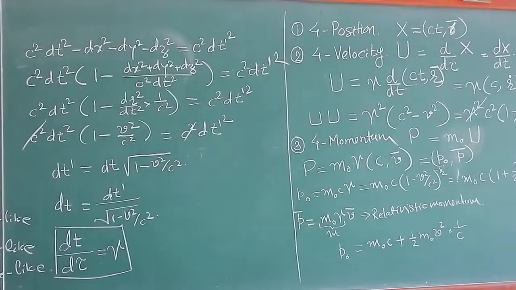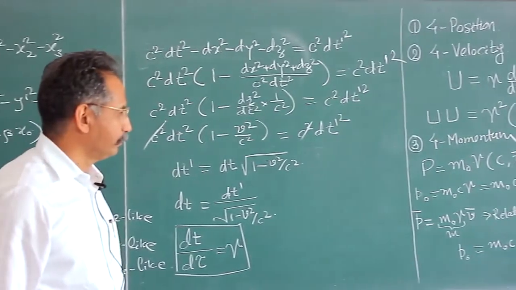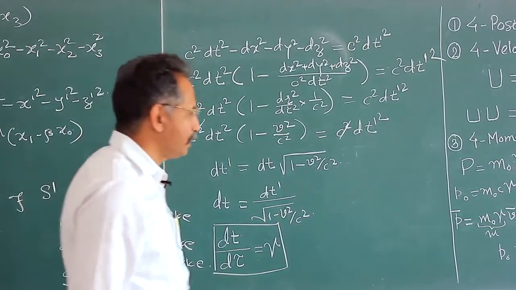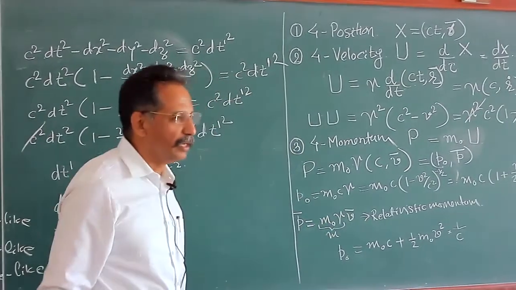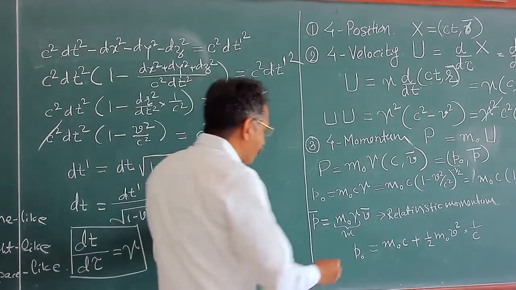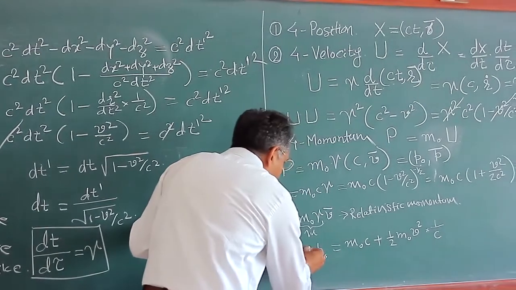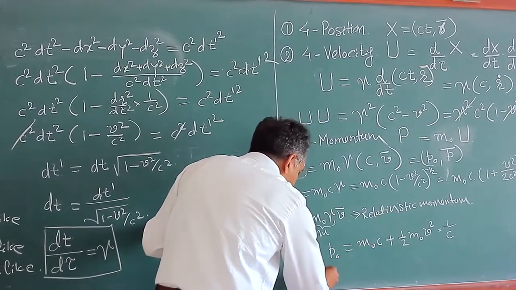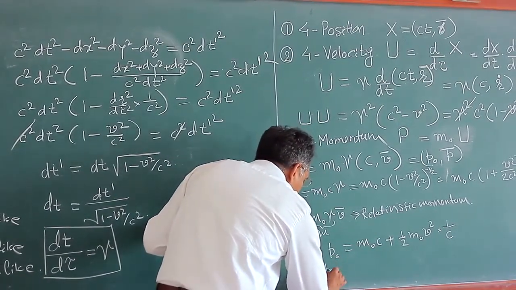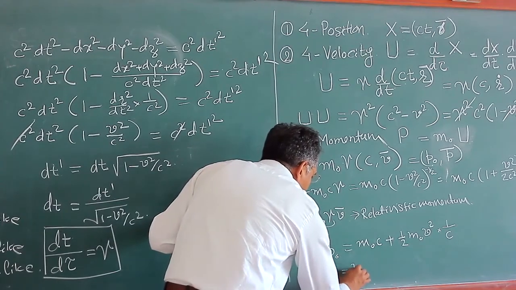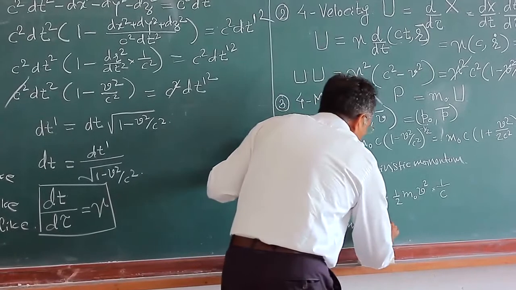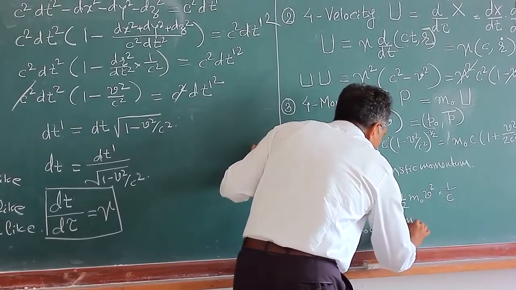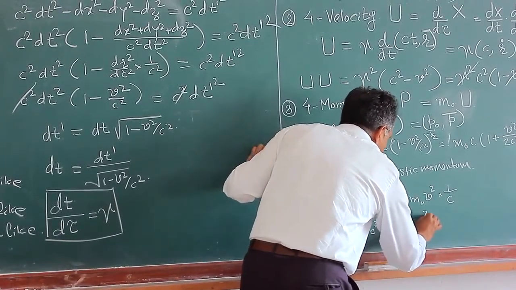Yes. So what does this represent? This represents a quantity which is quite similar to what we imagine. Now let us multiply both sides by c. c into P0 is equal to m0 c square plus 1 by 2 m0 v square.